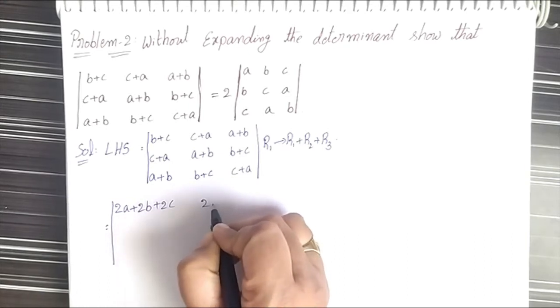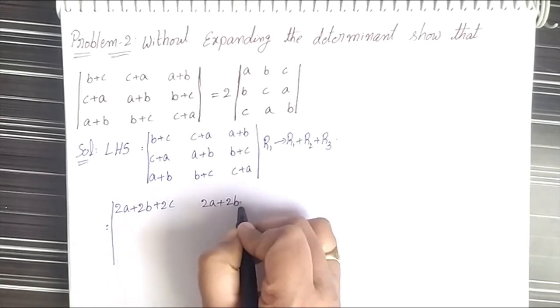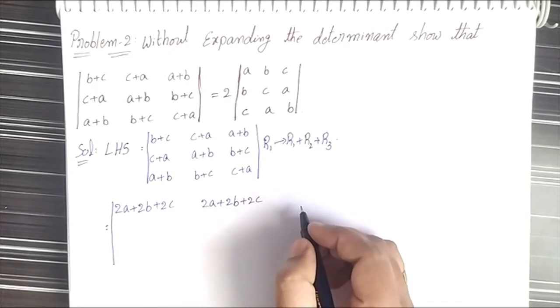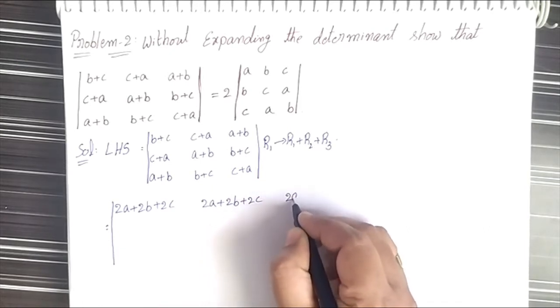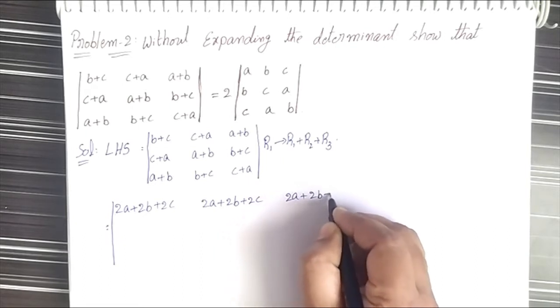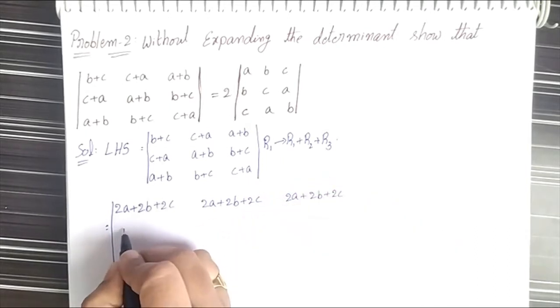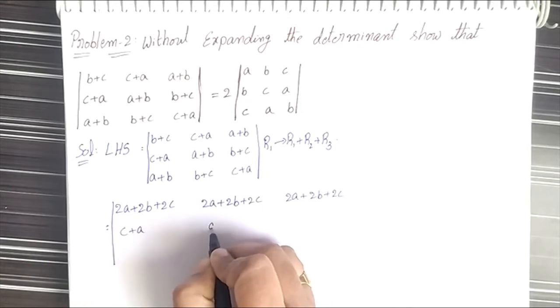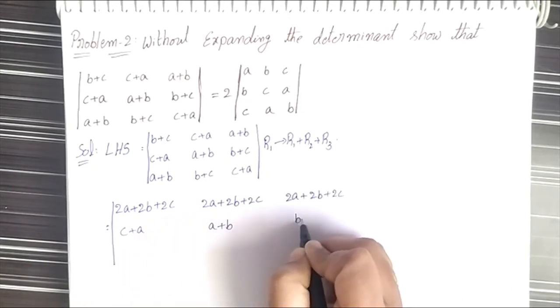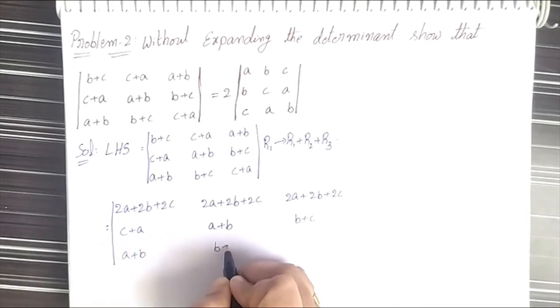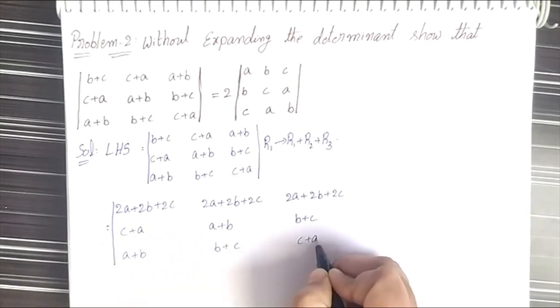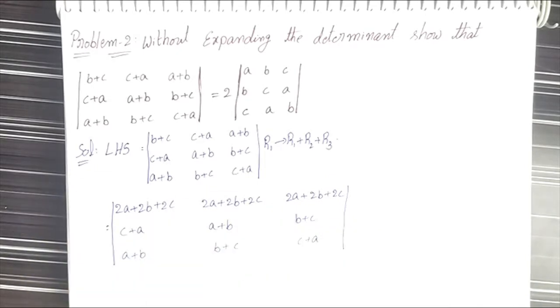Similarly, the second element is also the same, 2a plus 2b plus 2c, and the third element is also the same, 2a plus 2b plus 2c. The other rows remain: c plus a, a plus b, b plus c; a plus b, b plus c, c plus a. This is the first operation.